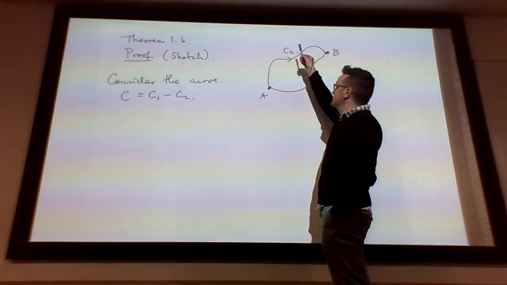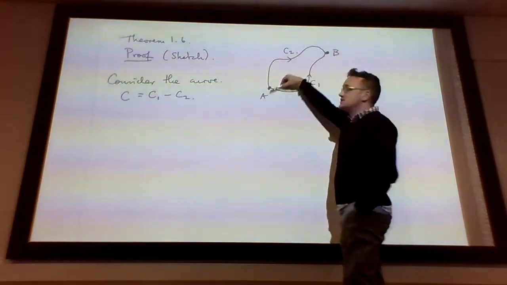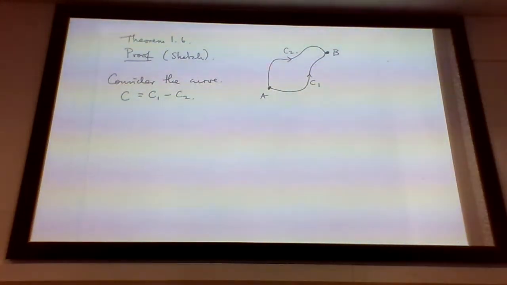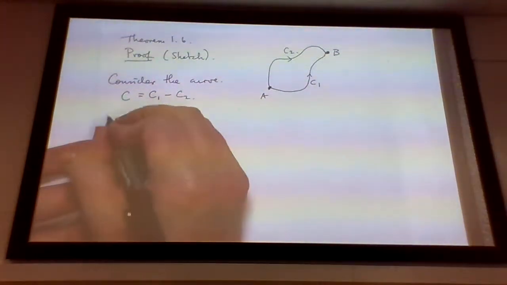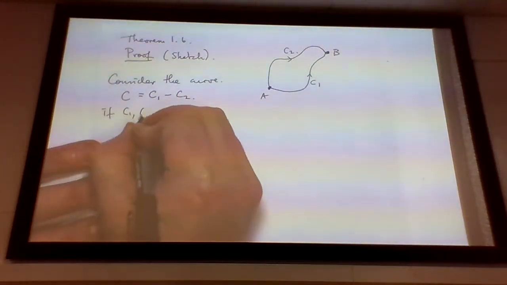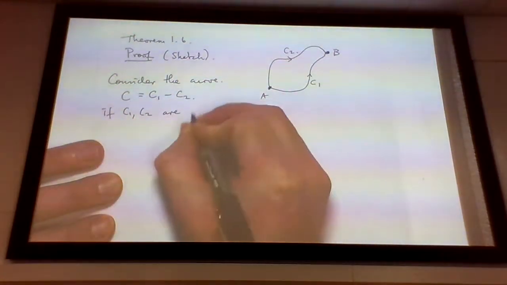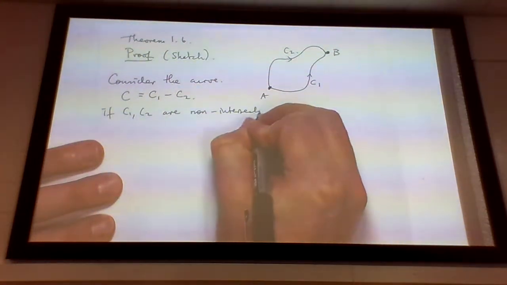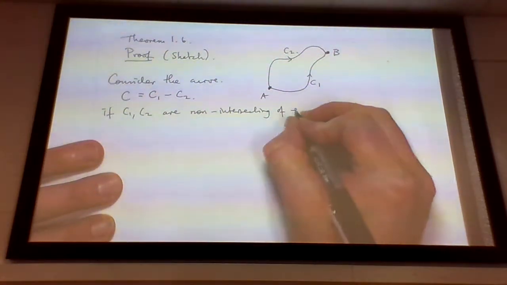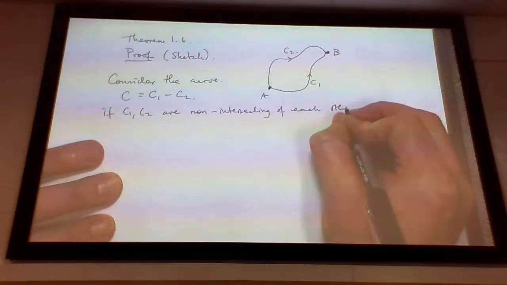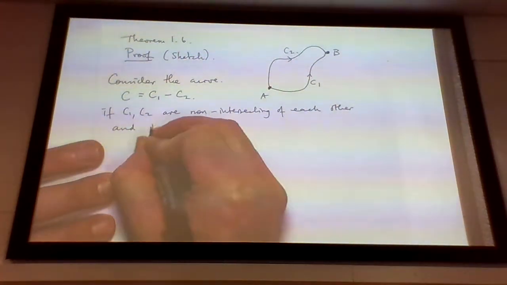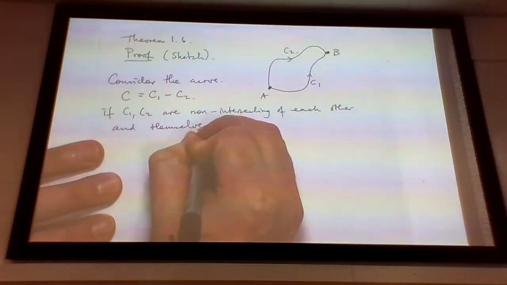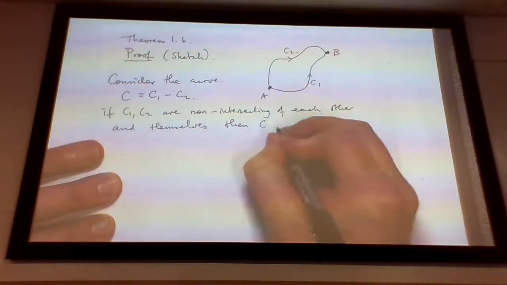So this curve C, at least for these curves, if C1 and C2 are non-intersecting of each other and themselves, then C is a simple closed curve.